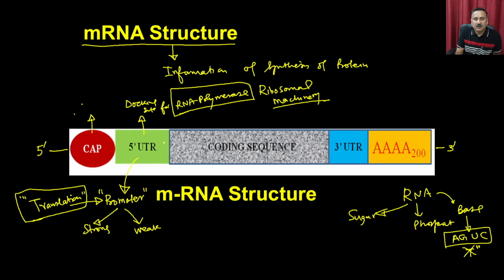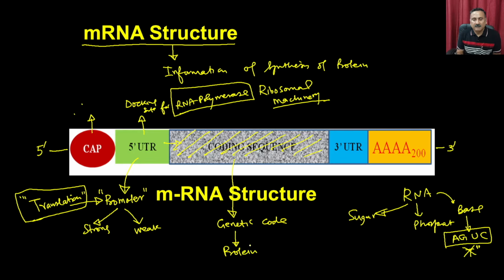Next to this, you have the coding sequence. This is the region which gives you the protein. It provides the information in terms of the genetic code, and these codes are read by the ribosomal machinery as well as by the tRNA, and that's how it helps in the synthesis of the protein.